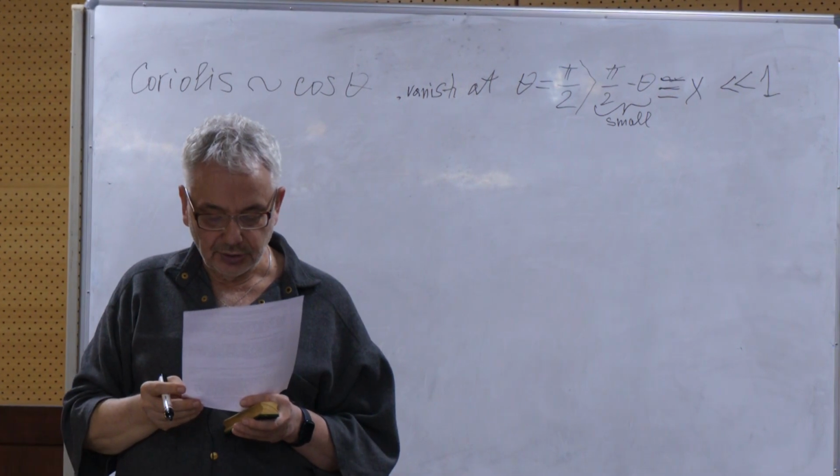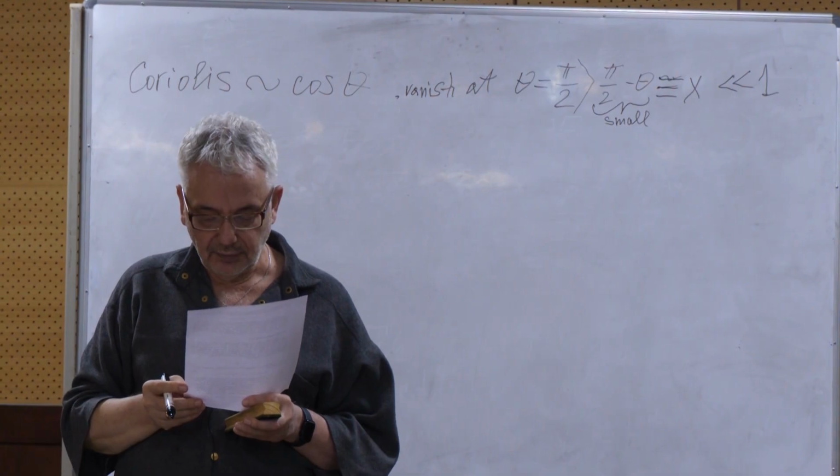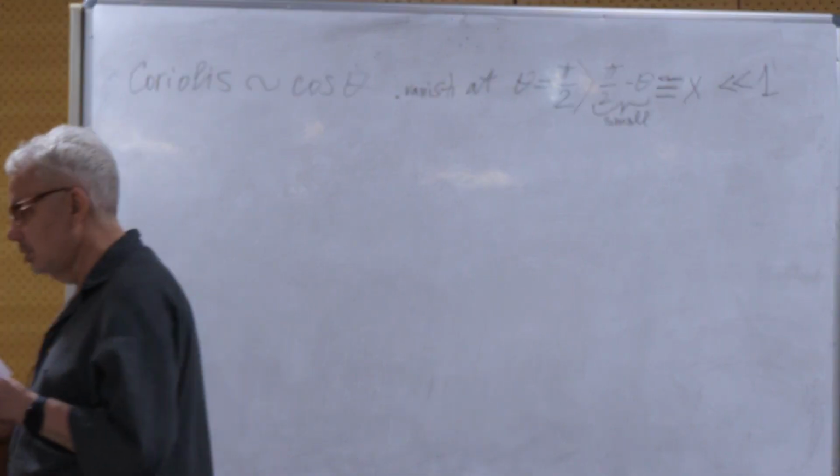Then from the last two equations, 3-1 and 3-2, there are two equations here, this one and this one, which we didn't actually use, but now it's time to use them.